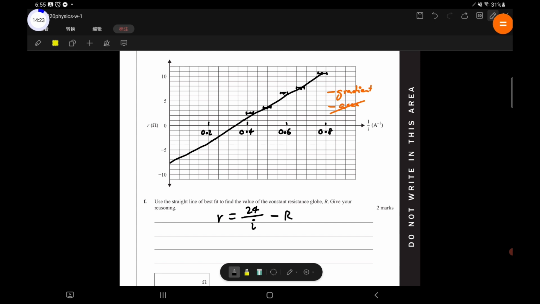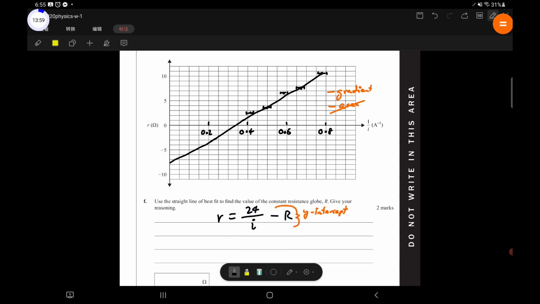It has a fixed value. So it's actually not my gradient that is important. It's related to the gradient, but it's my y-intercept that I have to find. So the y-intercept of this graph will give me my constant resistance light globe.